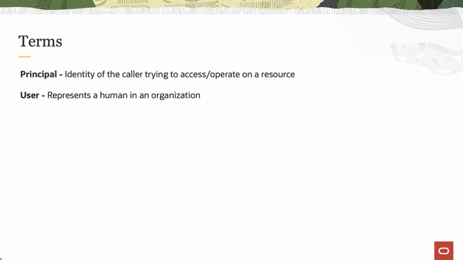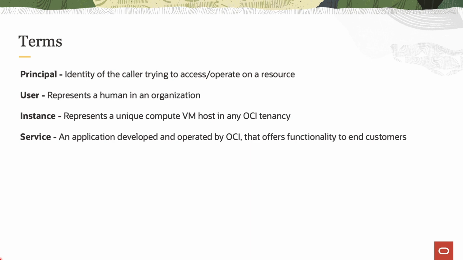Next we have user, an identity in your organization. So it can be any human being who has access to OCI resources. Then we have an instance that represents a unique computer, virtual machine host in the OCI tenancy. Service, in the case of OCI, is an application developed and operated by OCI, like compute service, networking service, IAM and so on.